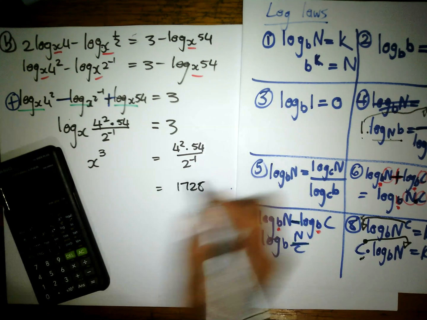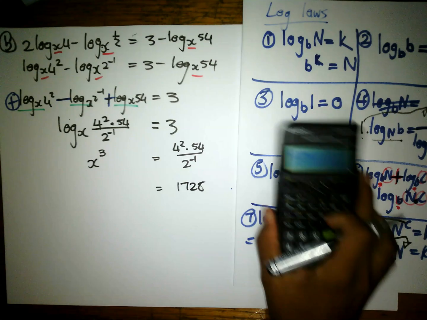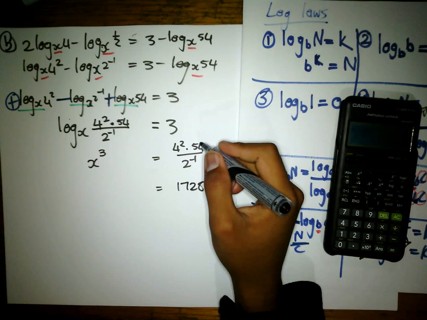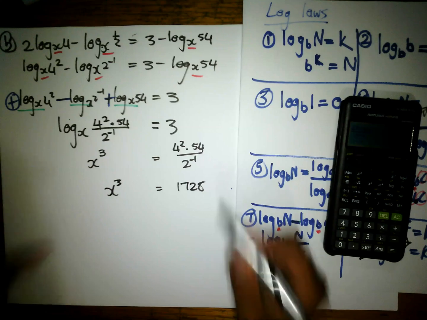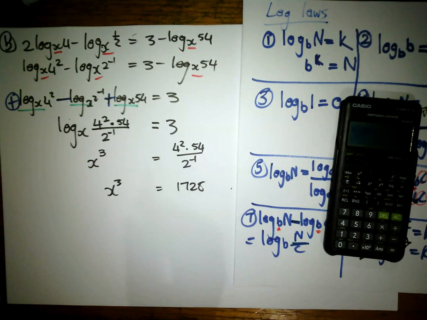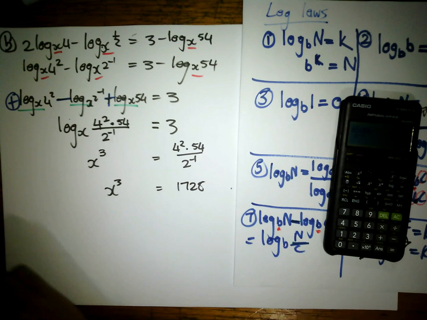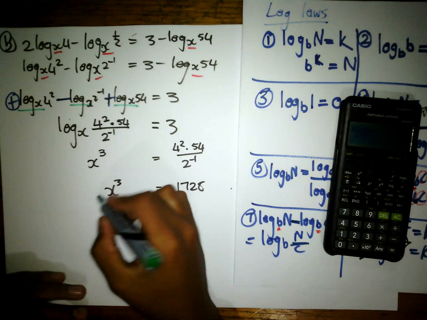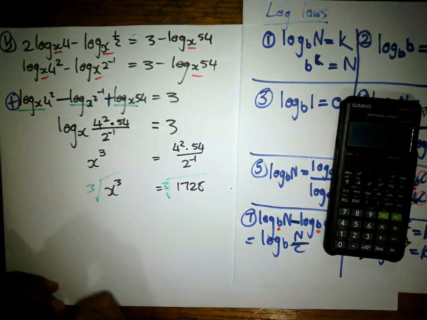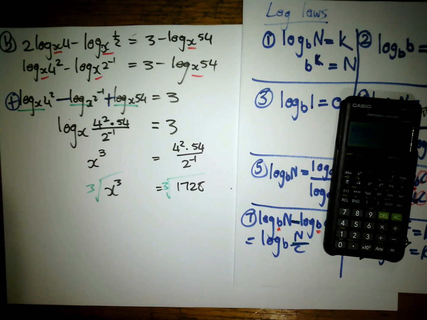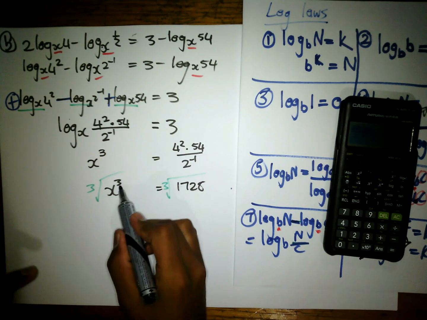1728 in the calculator. Yeah, x cubed. Now to simplify this, all we need to do is the cube root. Do people know that? I hope everybody knows that you must do the cube root to get rid of that 3 there.